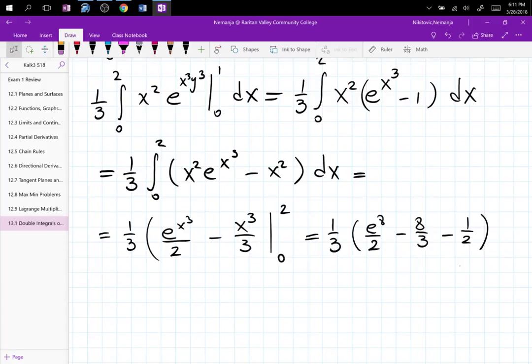And yeah, this is simplified already. We just have e to the 8 minus 1 divided by 3, minus 8/9. This is the exact answer. Now we can obviously get the calculator and get the decimals if you're interested, but who cares? Especially e to the 8, right?